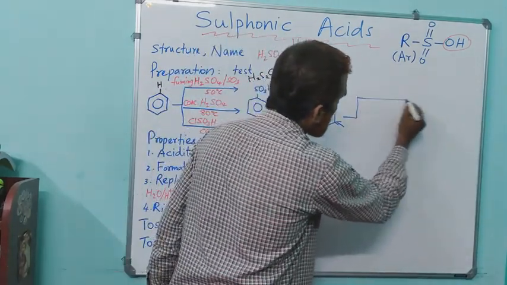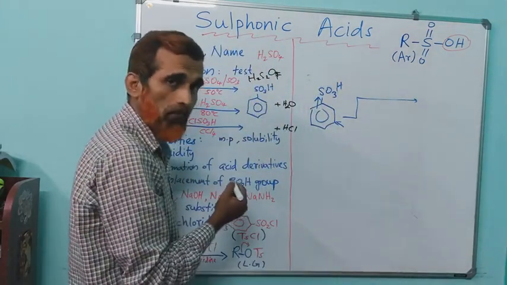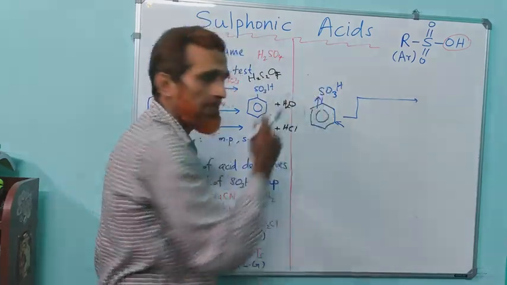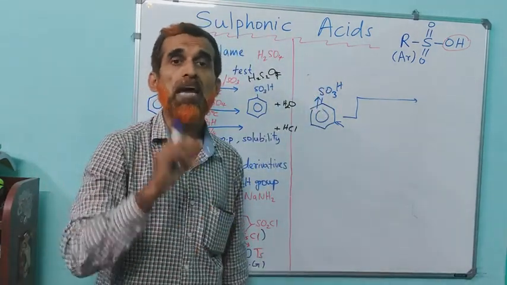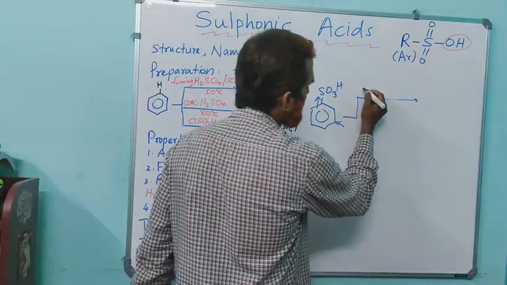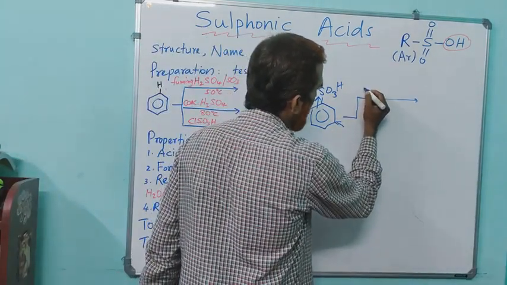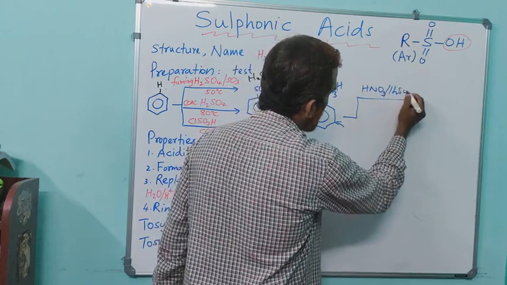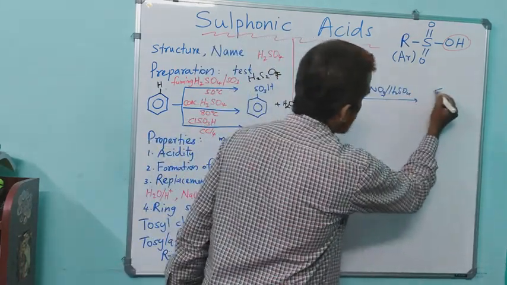So if you carry out nitration of this, it's very difficult because it is deactivating. That means benzene sulfonic acid is less reactive than benzene towards nitration. So you have to use very strong conditions, nitrating mixture at very high temperature.